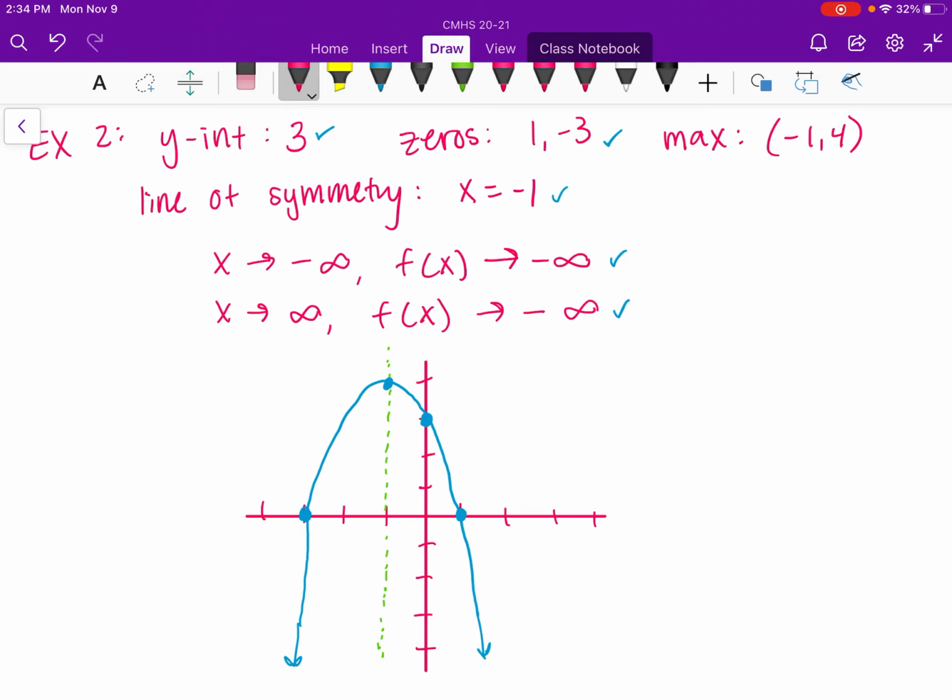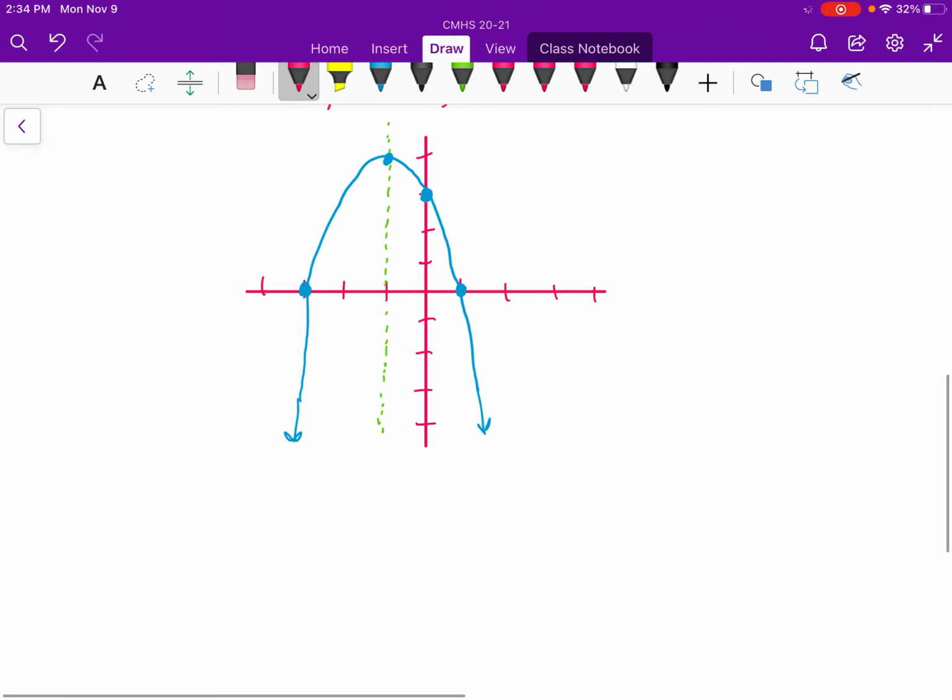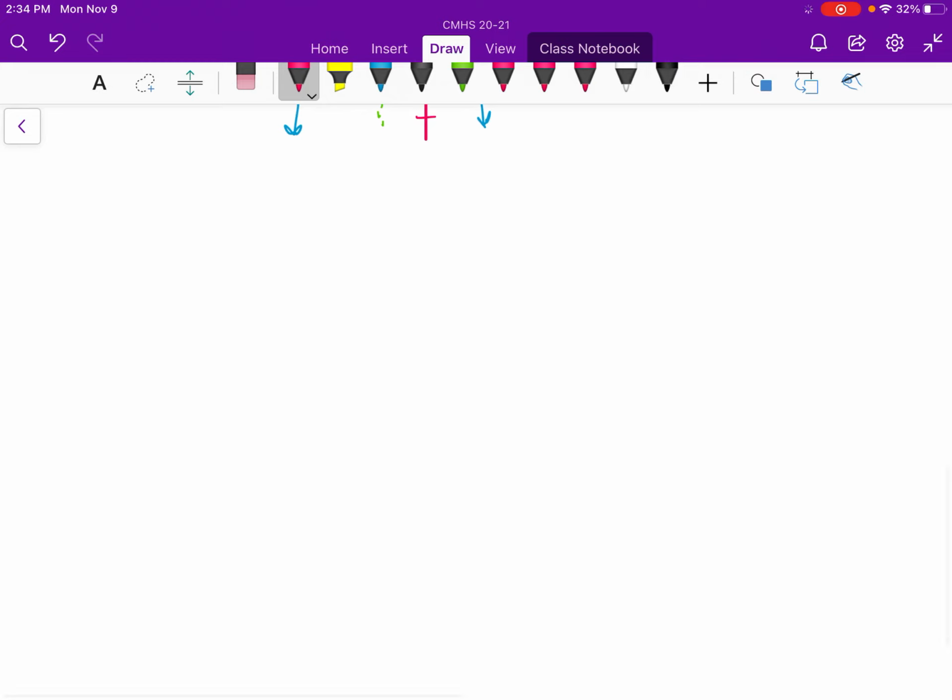So let's do one more problem. Example 3. The clues are y-intercept at -3. The zeros are at -3 and +3.